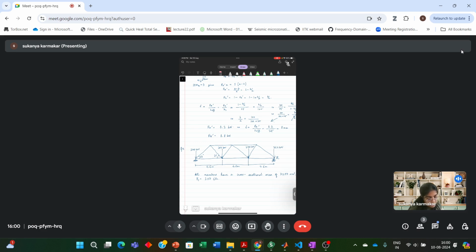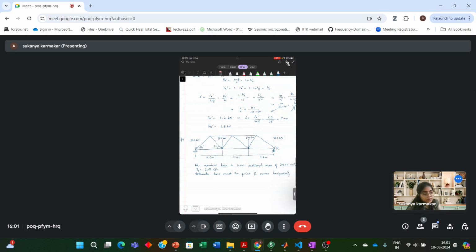We have to estimate how much the point R moves horizontally because of the loading.